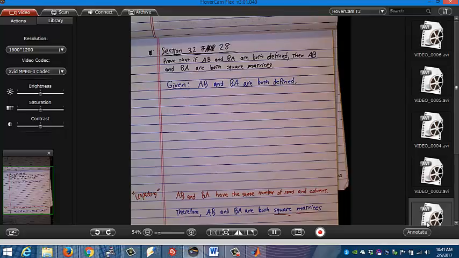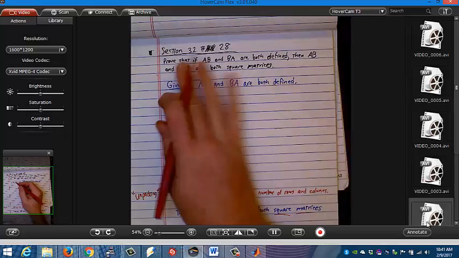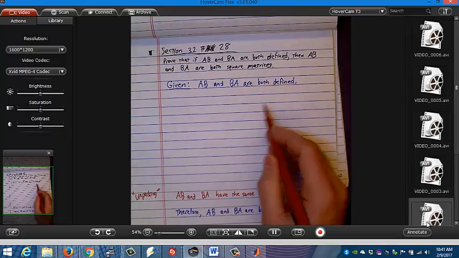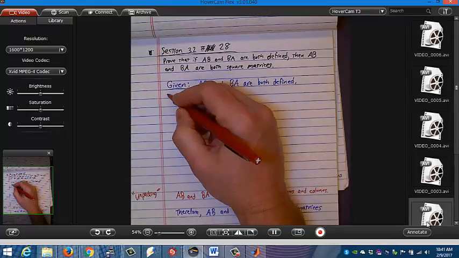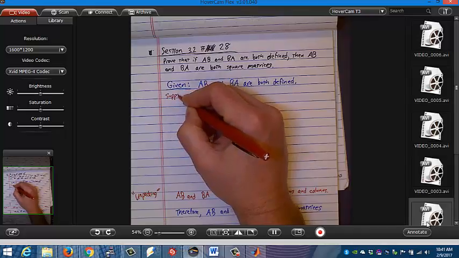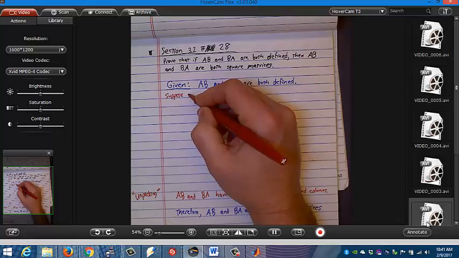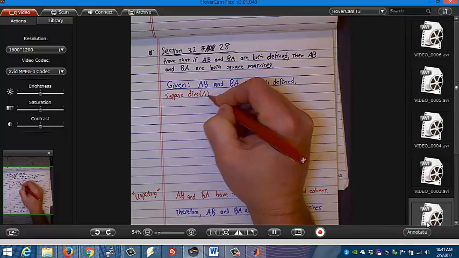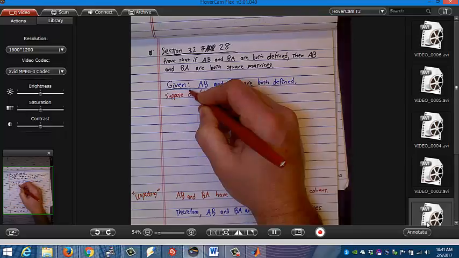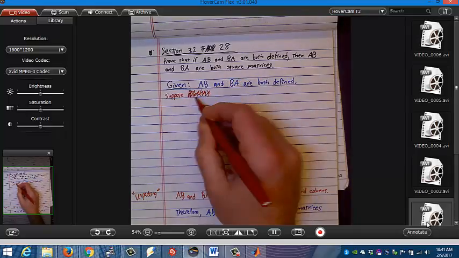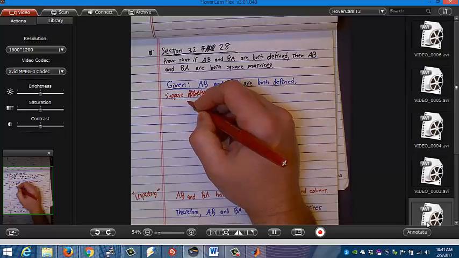So if AB is defined, suppose the dimensions of A, no, let's not write it that way. It's just a little bit too casual.